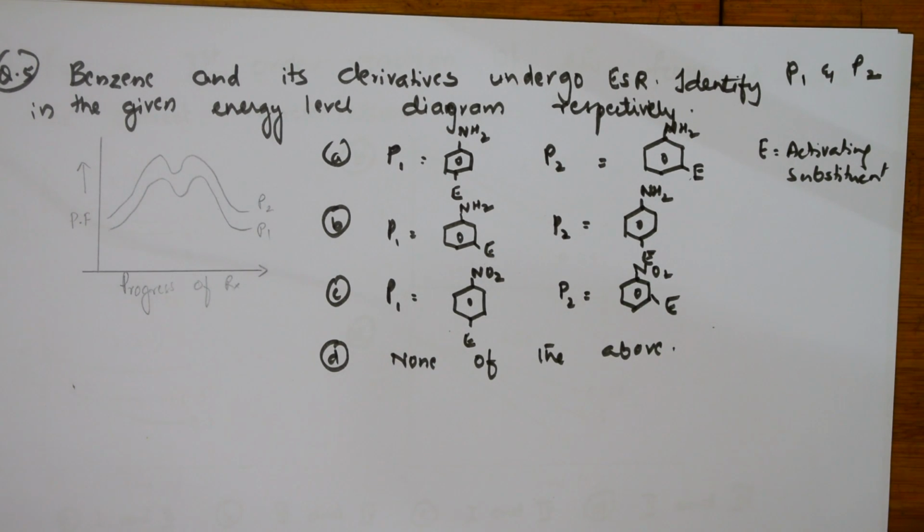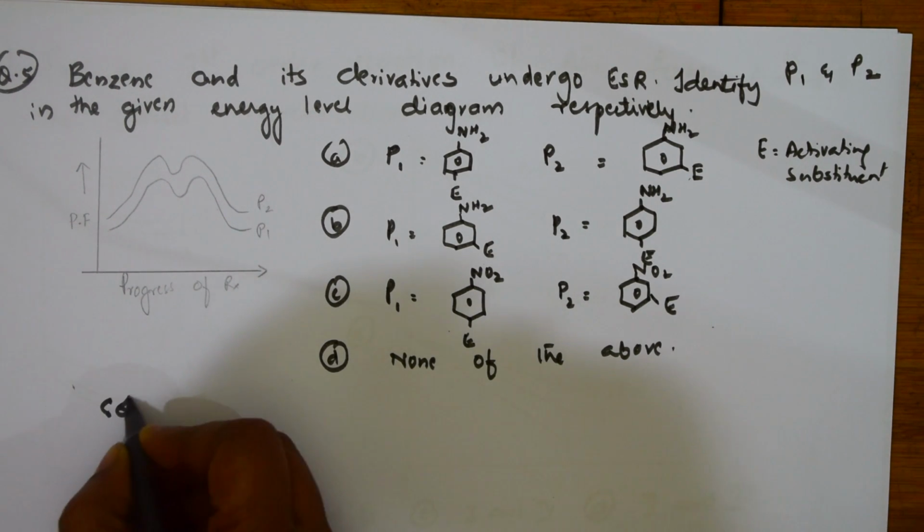So first of all, when such a question is given to you, what should you remember? You need to remember the nature of the amine as well as the nature of the nitro group, right? What is the nature of the amine? The amine group is an activating group, correct? And the lower energy path is only for the para substituent.